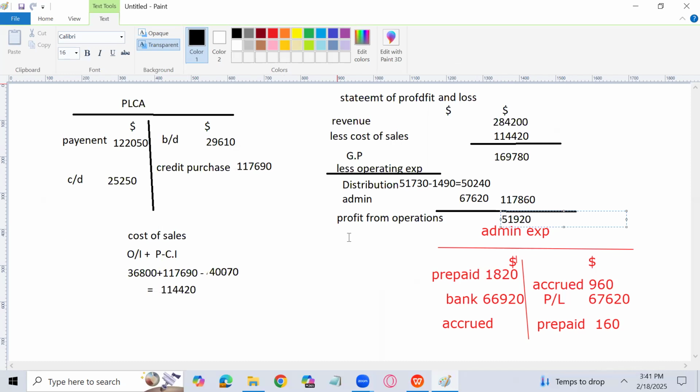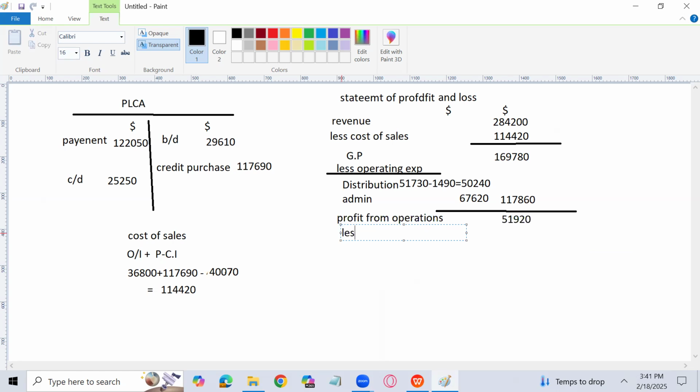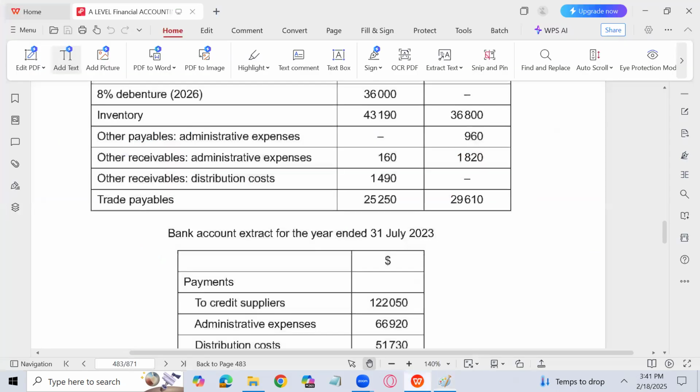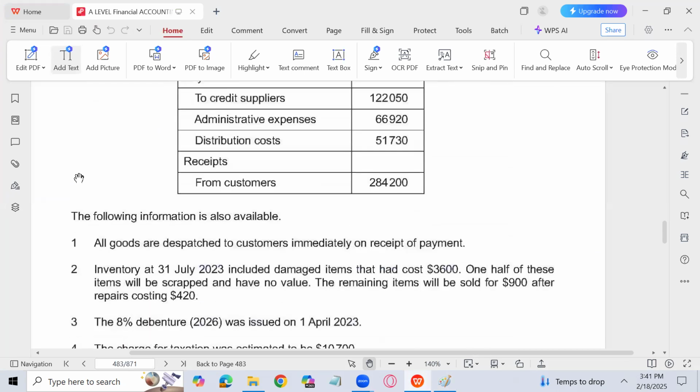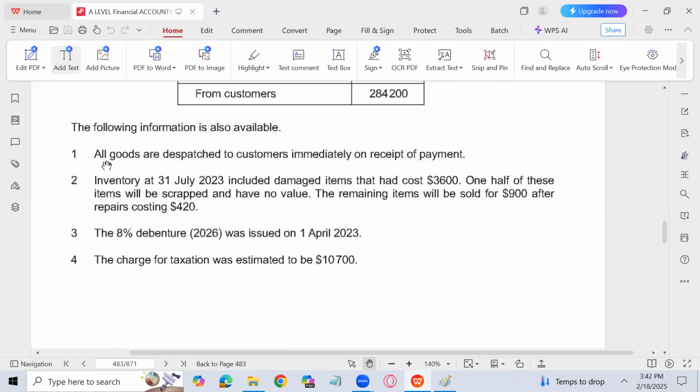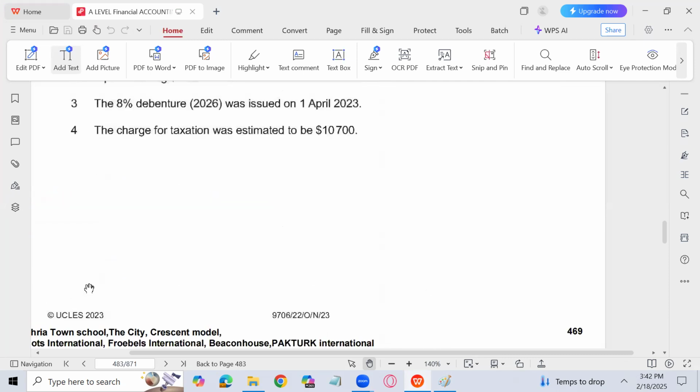Next, from profit from operation, we deduct finance cost. Finance cost means the interest cost, right? Interest cost we need to calculate because debenture is a non-current liability, 36,000 into 8%. We have taken the debenture in April, so April, May, June, July.